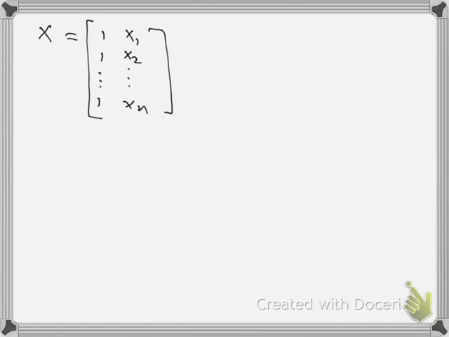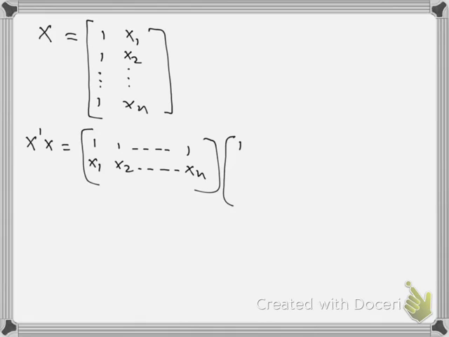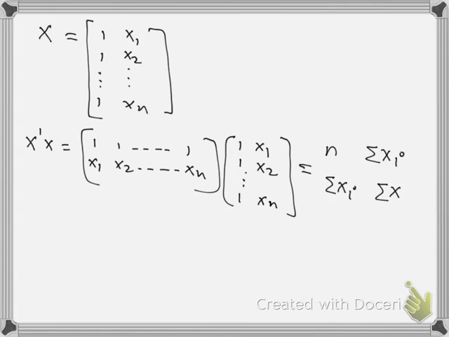X transpose X would be the 2 by n matrix multiplied by the n by 2 matrix, and if you multiply it, you would get n, sum xi, sum xi, sum xi squared.